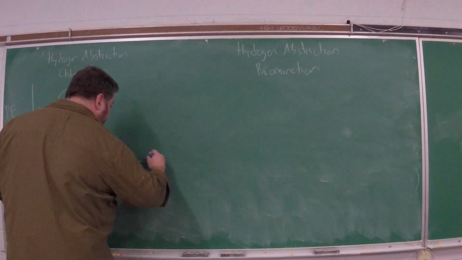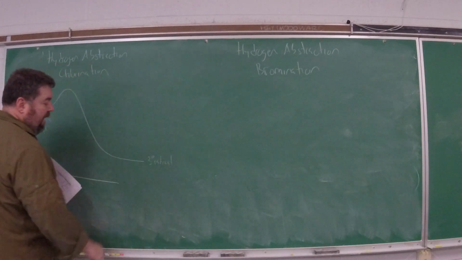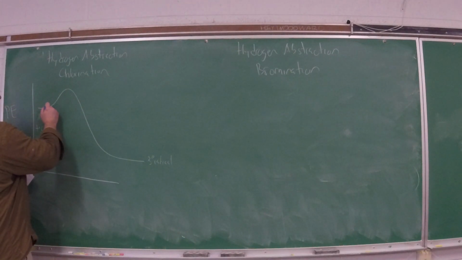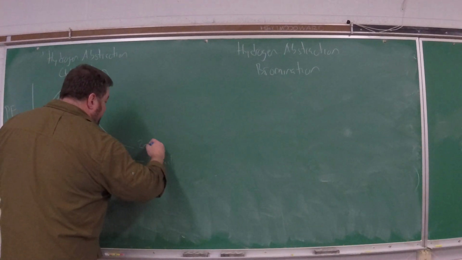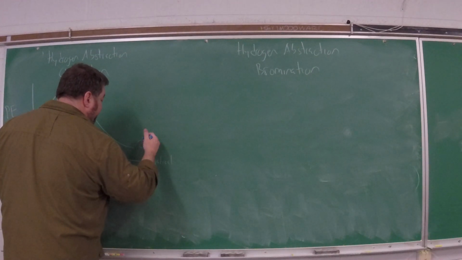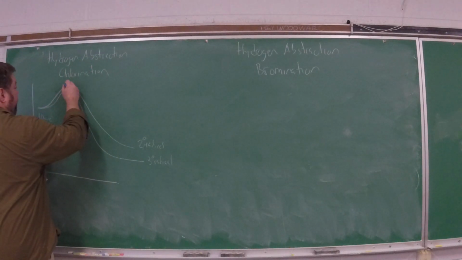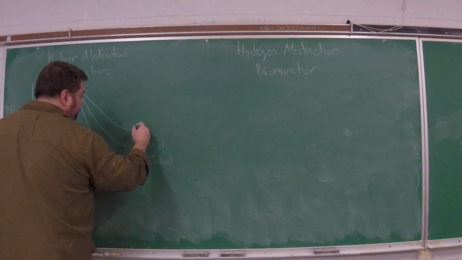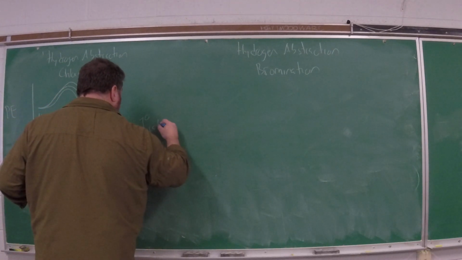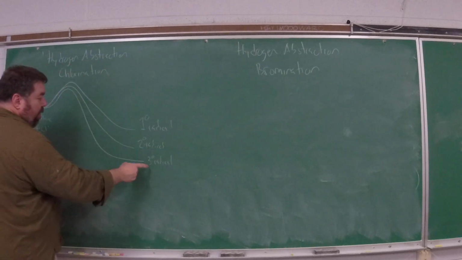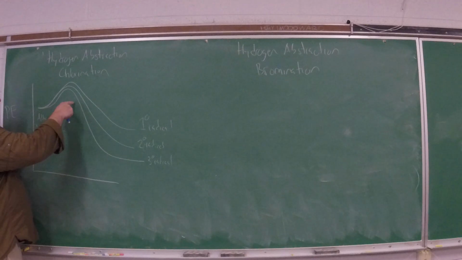That one will be the third degree radical, assuming we can have a tertiary one. That would be second, and that would be a first. So primary, secondary, tertiary. Again, for all these, this is EA.